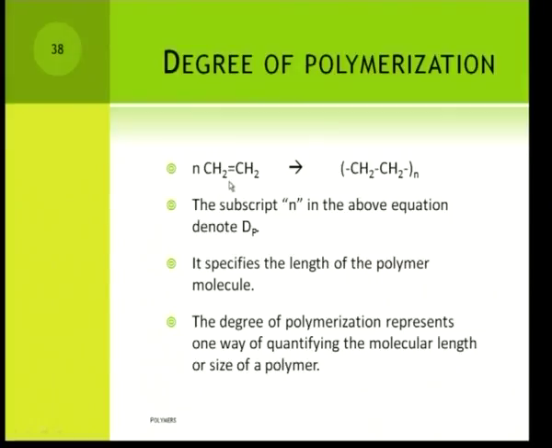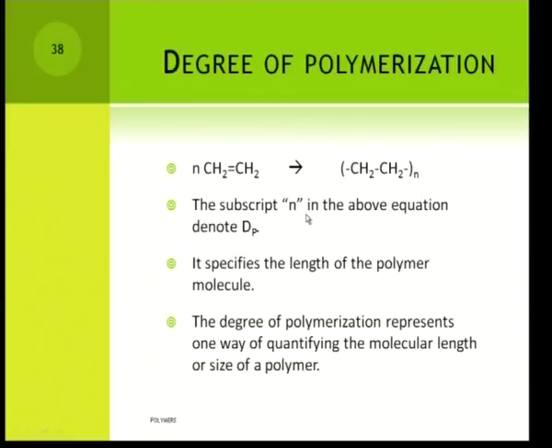Hence, if we know the molecular weight of the polymer as well as the individual monomeric unit, it is possible to determine how lengthy the polymer chain is, or you can determine the number of repeating units, which is nothing but the degree of polymerization. Now, this same example we are taking over here, n CH2 double bond CH2 to form the polyethylene polymer with n repeating units.